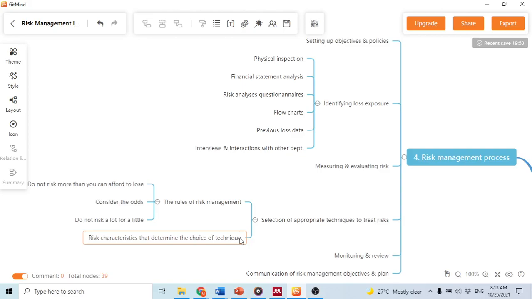And then if we have low severity and low frequency, we can just do risk retention. The best way to manage the risk would be retention. So in this instance, the risk seldom occurs, and when it does happen, the financial impact is relatively small. So we just let it go. Relationship.